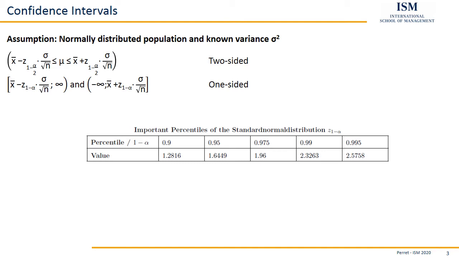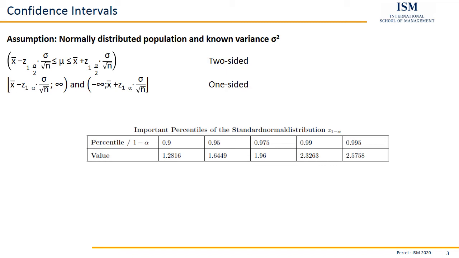Or if we have the two-sided version, then we would have 1 minus 0.05 divided by 2. So we would have to look up the value for 0.975. So the z value here would be 1.96. That's basically the values we need to actually get our confidence intervals. That's the last one missing.